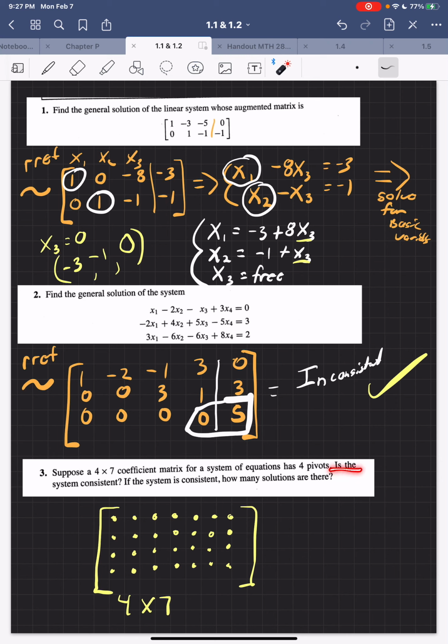The first question is, is the system consistent? The next question is, if the system is consistent, how many solutions are there? Well, let's think about this for just a second.